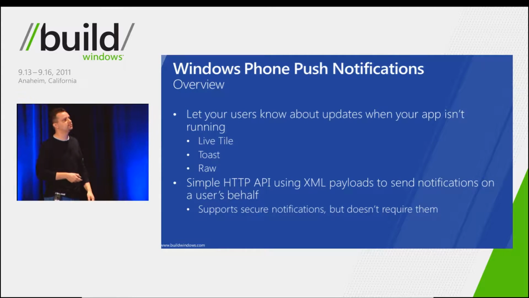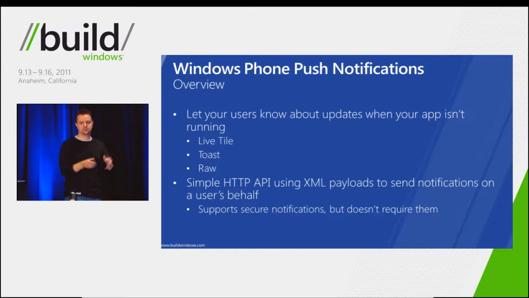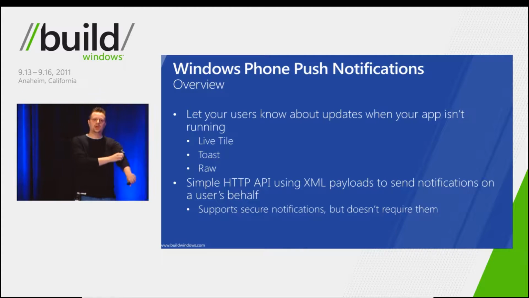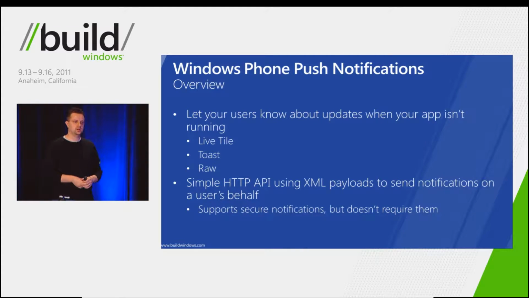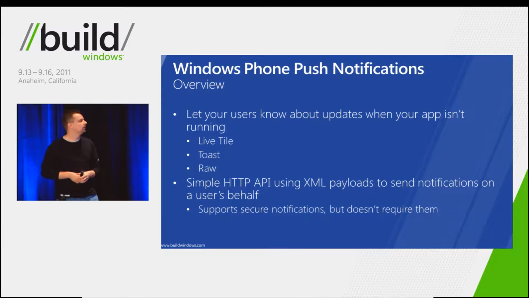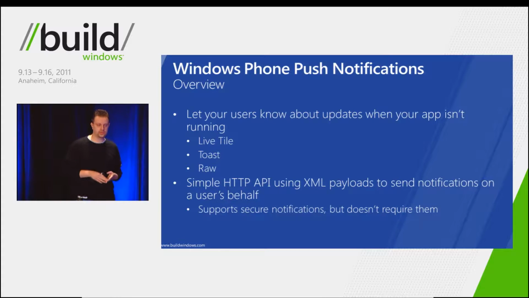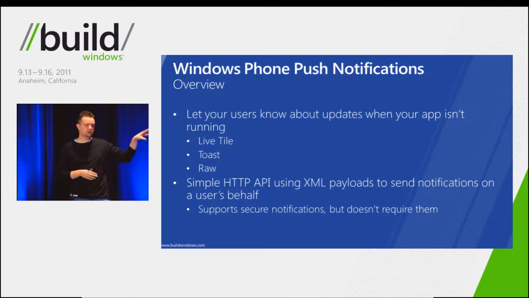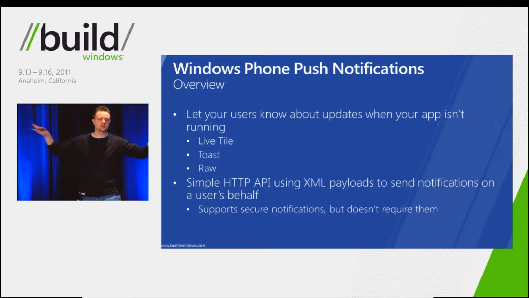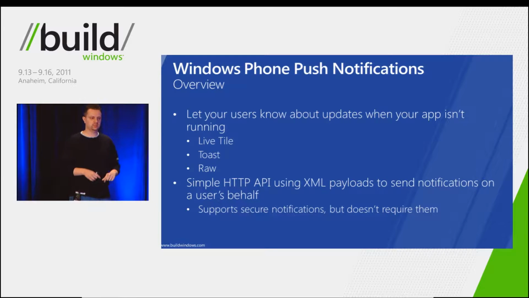So the first concept is push notifications. This is the part that will be specific to Windows Phone. The concepts are very similar to Apple push notifications, with a few differences. There are three ways to send notifications. I'm only going to go into a little bit of depth because other talks go into more depth on push notifications, but I'm going to show you how it works in general.